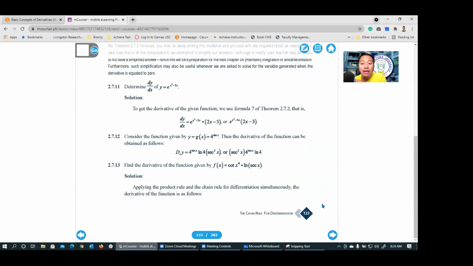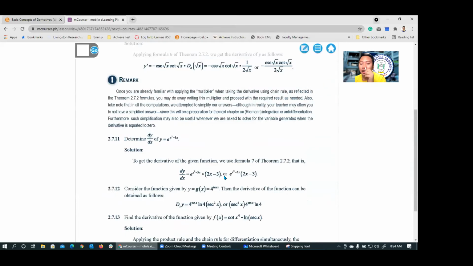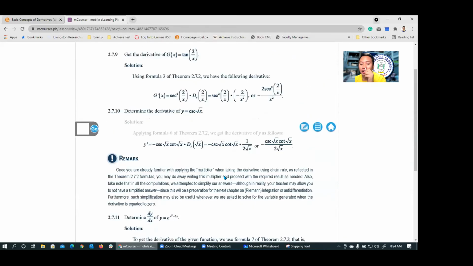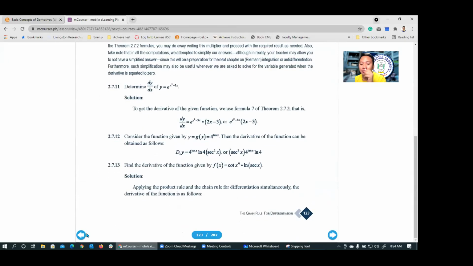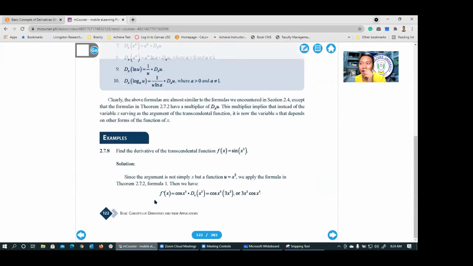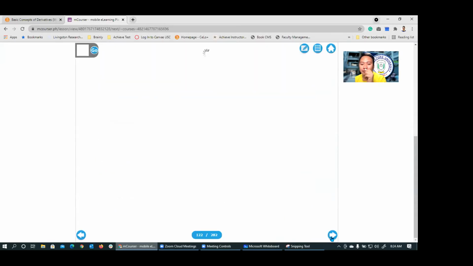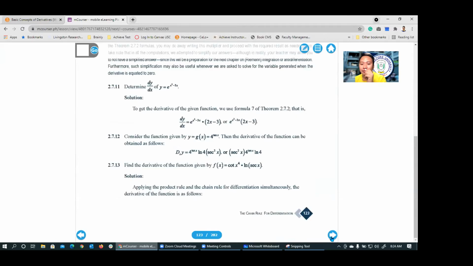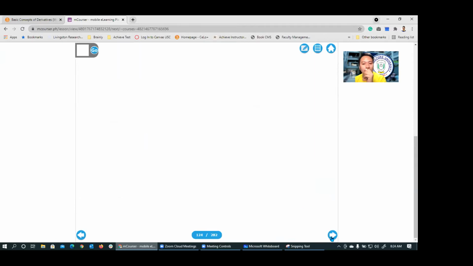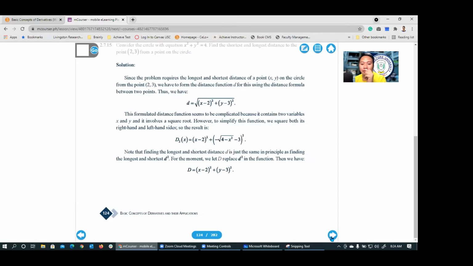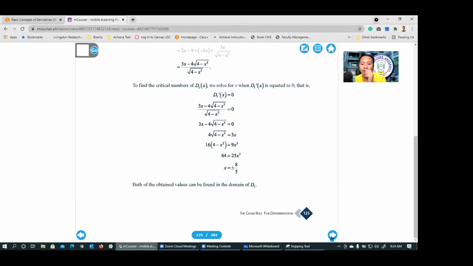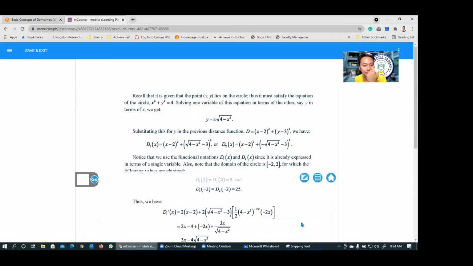Same process when it comes to logarithmic and exponential terms. Same process. What page is implicit derivative?